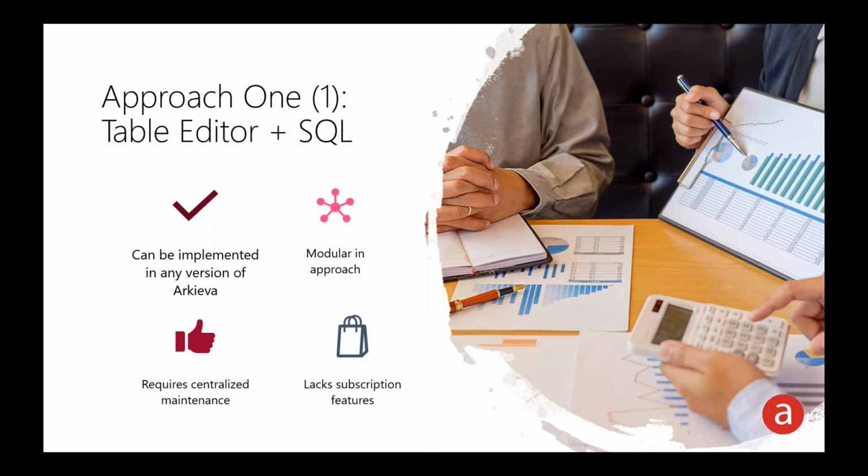It's also very modular in approach, but that comes at a cost because it requires a lot of setting up ahead of time and getting what your thresholds and targets need to be centralized. You're going to need someone to monitor the system, to manage and do maintenance on it as far as keeping the right person involved with the right thresholds when these sorts of things happen.